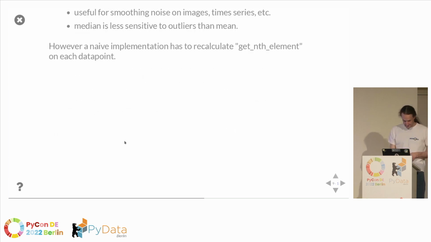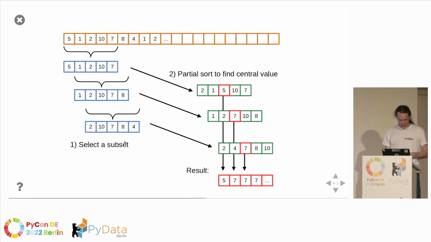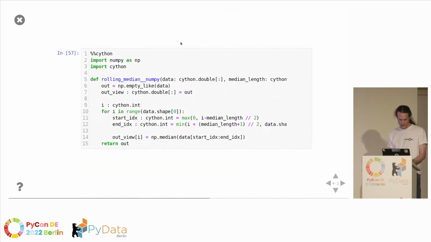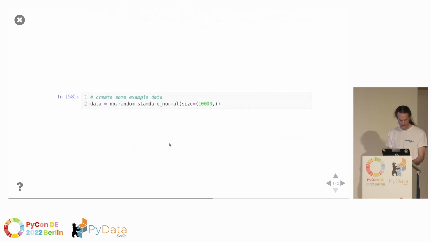So let's see how that works. This is what we do, right? So we have our sliding window here, and this is our median value on each step. Okay. So, rolling median using NumPy. Maximum, minimum, so we're calculating the window that we have, and then let NumPy calculate the median in that window, okay, using slicing.